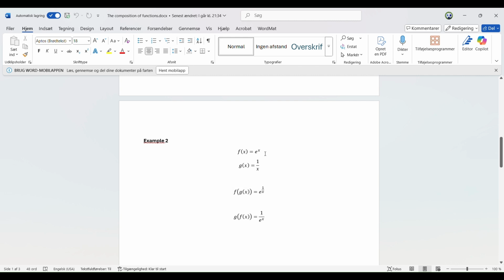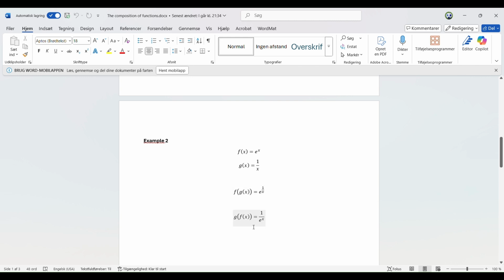So we have to imagine that we take our inner function g of x and put it onto x's place in the outer function. So we take 1 divided by x and put it onto x's place up in the outer function. And that becomes this function down here. So the composition of f of g of x equals e raised to the power of 1 divided by x.